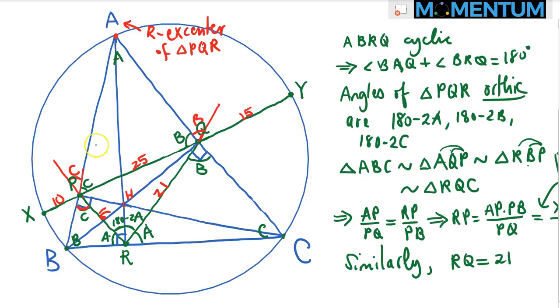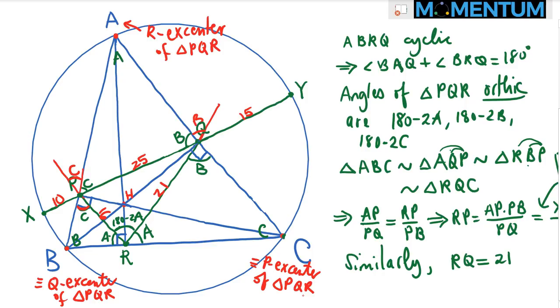And the question is to find the distance AB and multiply it with AC. So therefore B is obviously the Q excenter. So B happens to be the Q excenter of the same triangle PQR, and similarly, C is the P excenter of triangle PQR as well.